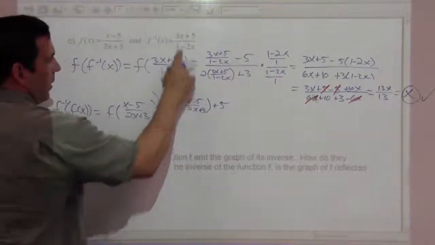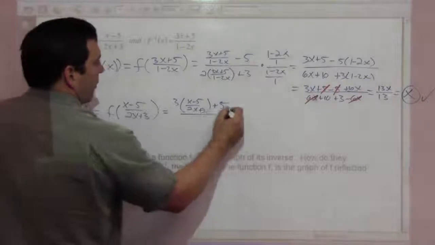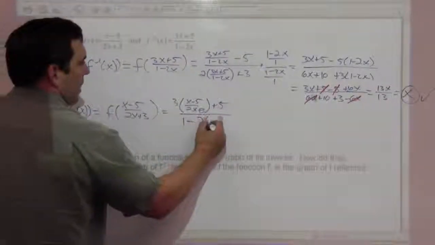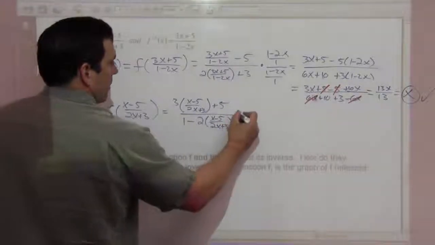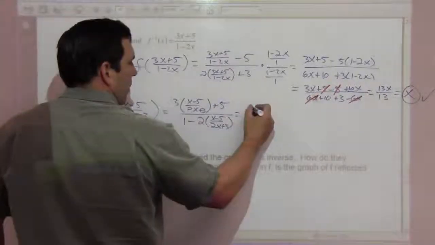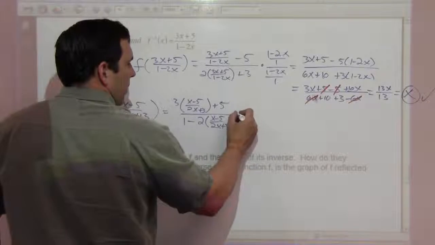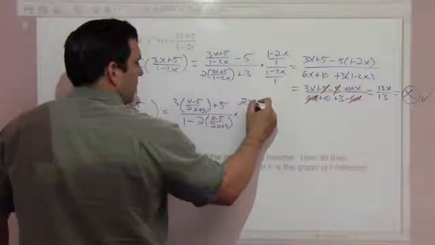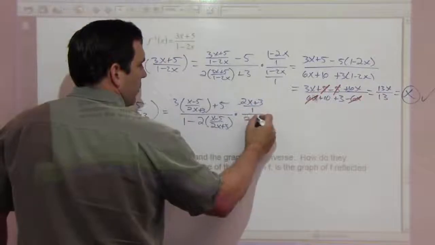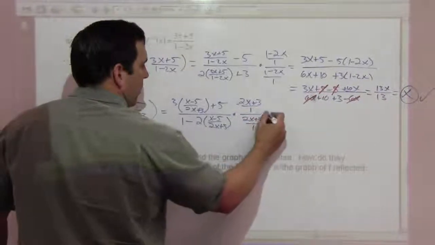And in the denominator, 1 minus 2 times x minus 5 over 2x plus 3. I'm going to again multiply by the common denominator, 2x plus 3.